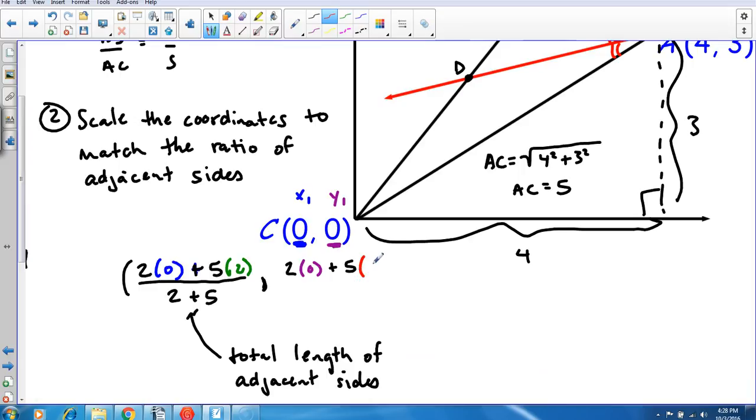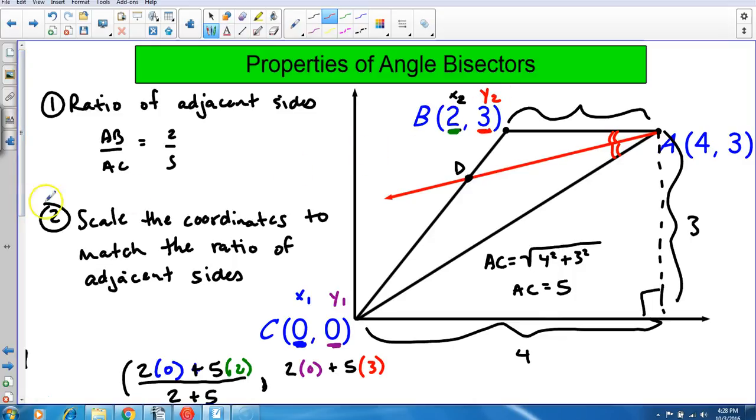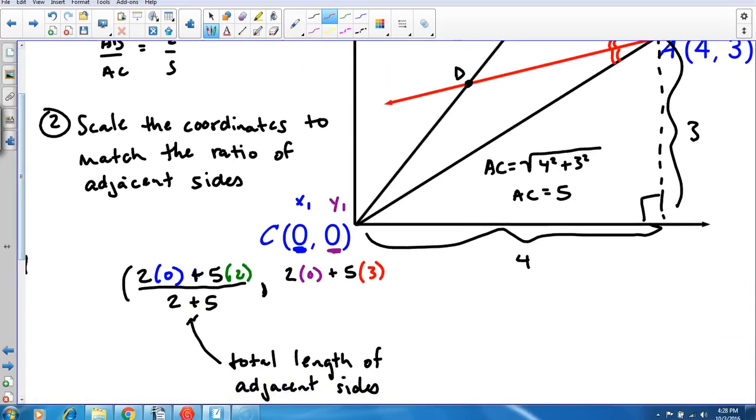Our y2 was 3, I believe. Let me check that out and make sure. Yeah, our y2 is 3. And to finish this off, again, we're not dividing by 2 because we're not taking the average. We're scaling this, so we're going to take the total length of our adjacent sides.